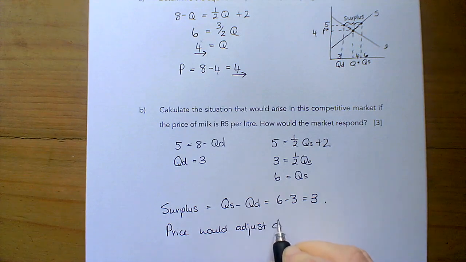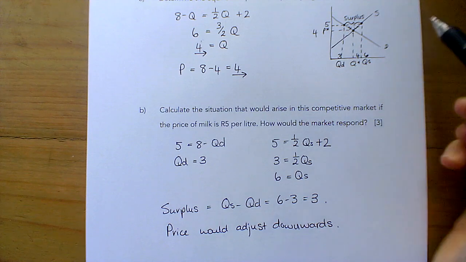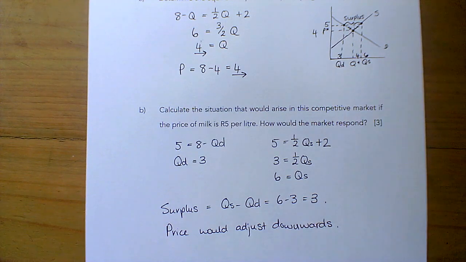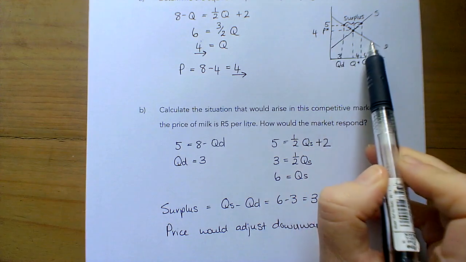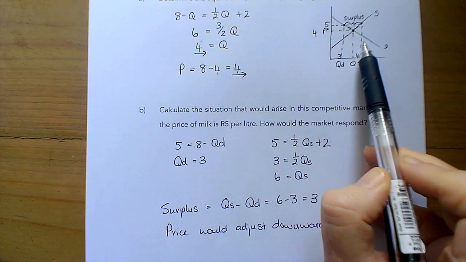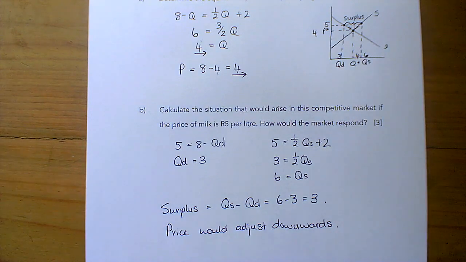So the price would adjust downwards in order to deal with this surplus and eliminate the quantity supplied being greater than the quantity demanded. If the price in the market was below 4 Rand, then it would be the opposite. There would be a shortage, and then price would adjust upwards to eliminate the shortage.